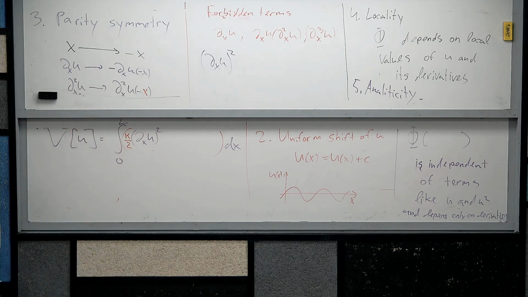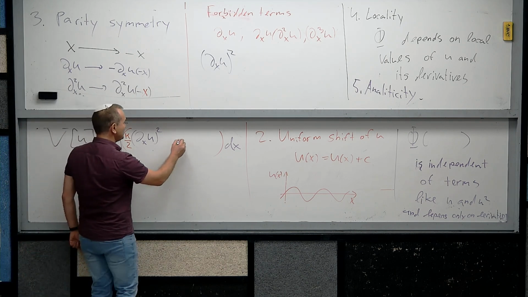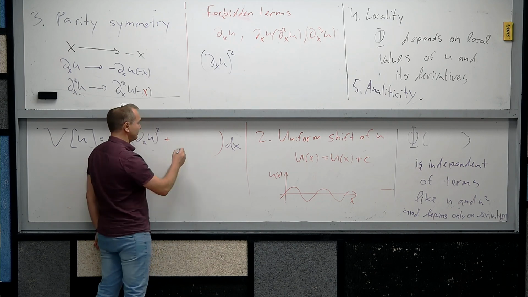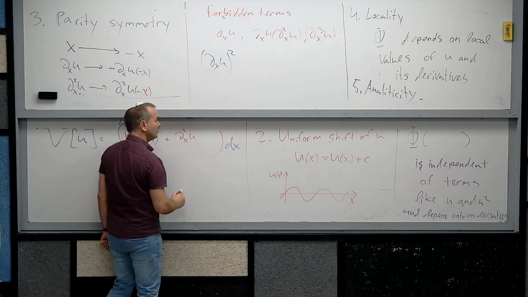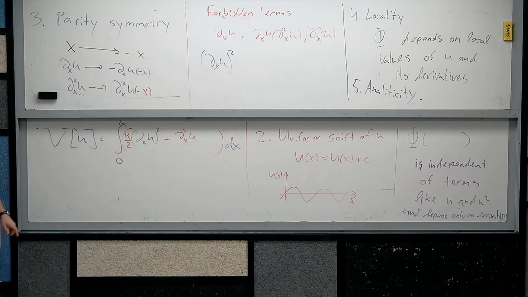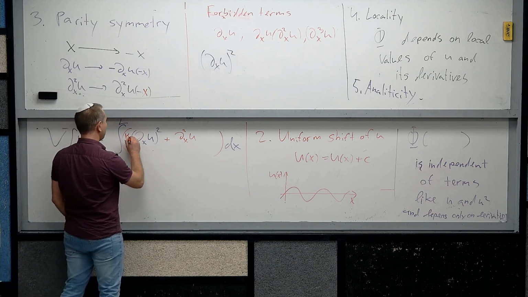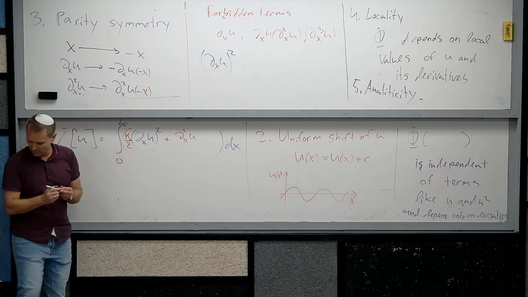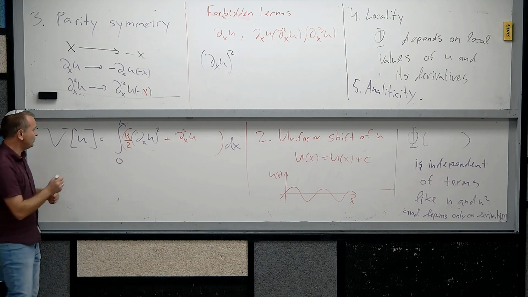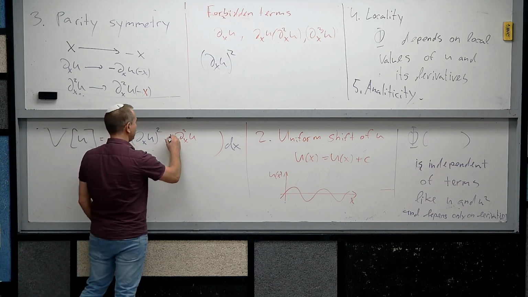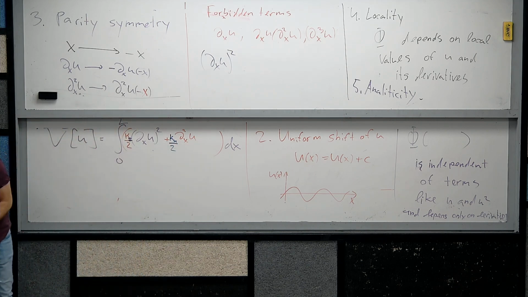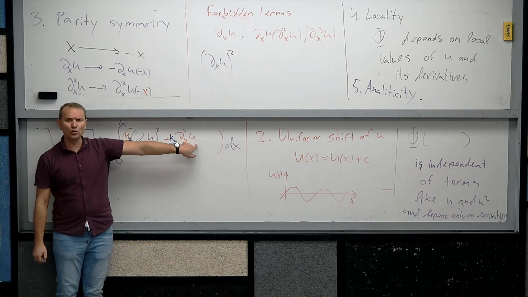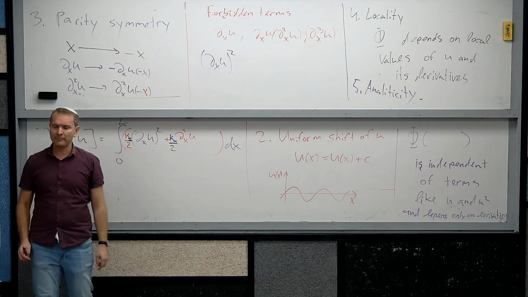What else can I put inside? Let's use another derivative, so the second order derivative, d squared x u. Is it good enough to put a term that looks like this? So this is kappa 2, and here I have kappa 4 divided by 2. And I'm claiming that it's not good enough to put this term, although this term is allowed by my symmetry.